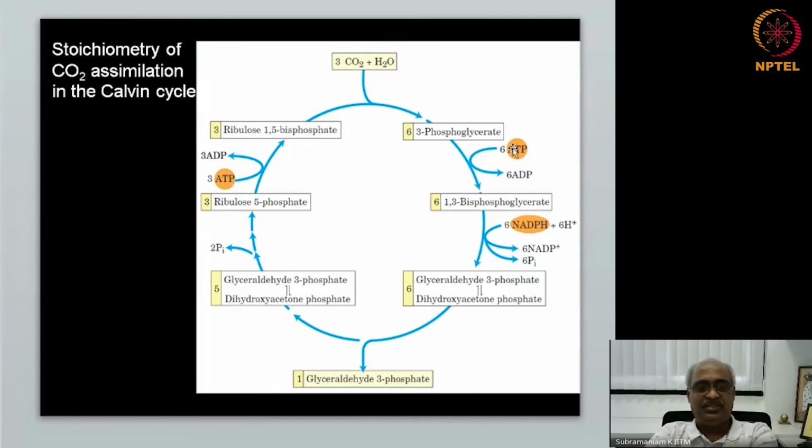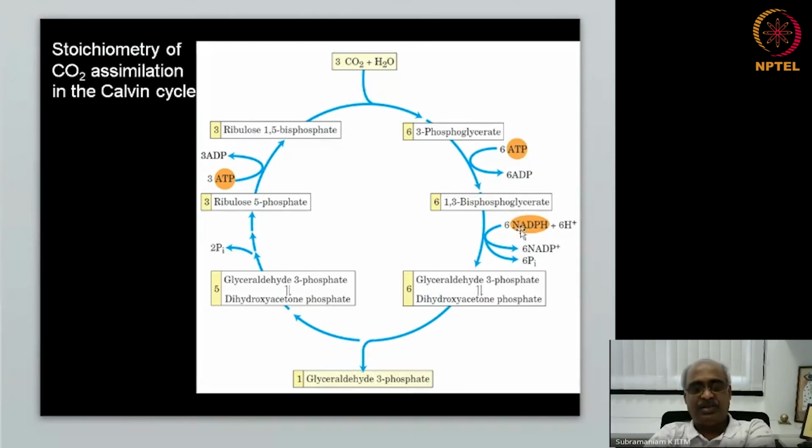So here you see the 6 ATPs consumed, and then 6 NADPH, reducing equivalent. These are all equivalent of consuming food. Because we are doing a synthetic reaction. This is anabolic reaction. We are not in catabolism anymore. So therefore, the energy produced, remember, this was produced by the proton gradient created in the thylakoid membrane.